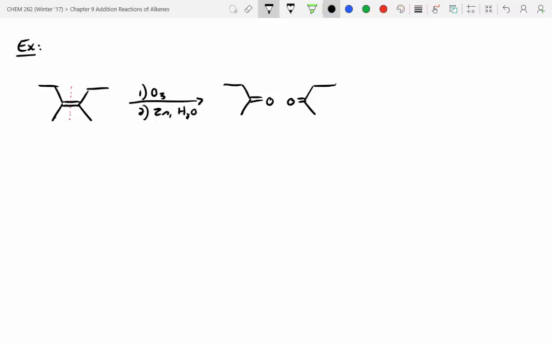What's the relationship between these products? They're identical, right? And this is an example where we are actually forming a ketone instead of an aldehyde because we've got a tetrasubstituted alkene. You guys want to do some more practice?